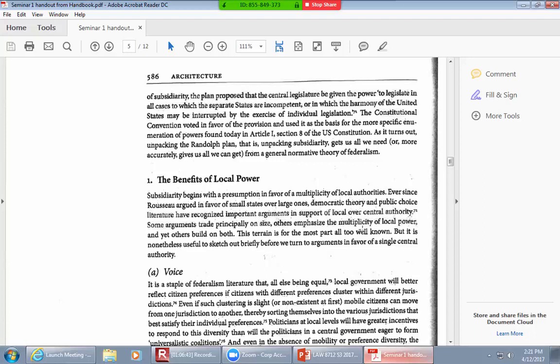Let's look at the second argument then. He makes two arguments, right? The first one about incompetence. The second one says in which the harmony of the states may be interrupted by the exercise of individual legislation. Do you think defense was given to the federal government in Australia because the states were incompetent, or a bit of both? Probably more the latter.